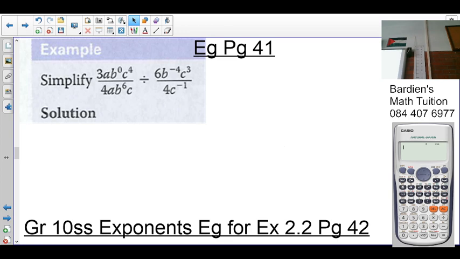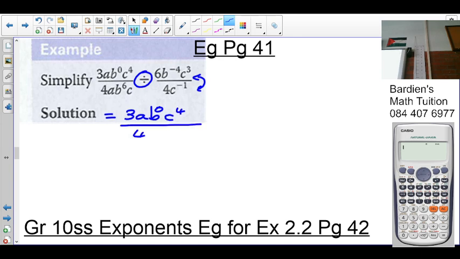So what do I do first? Tumble and times. So that is simply 3ab to the exponent 0 c to the 4 over 4ab to the 6 c, times 4c to the minus 1 over 6b to the minus 4 c cubed.